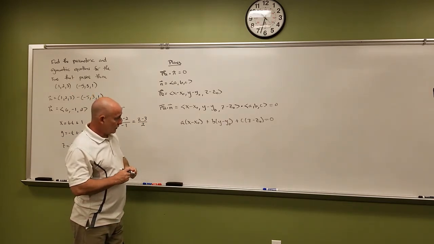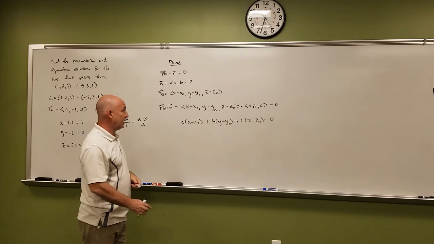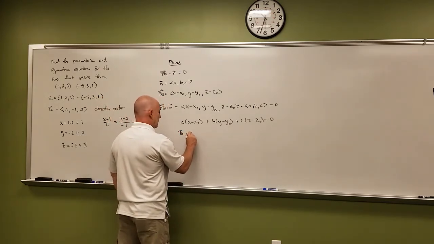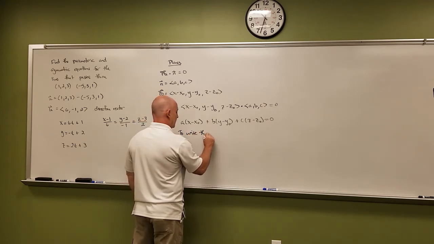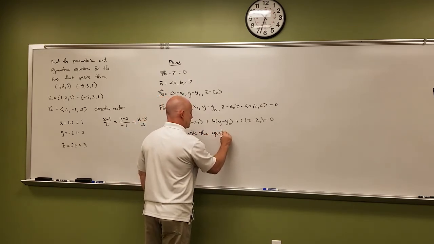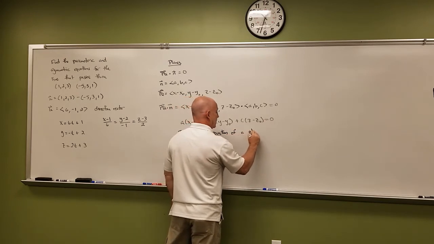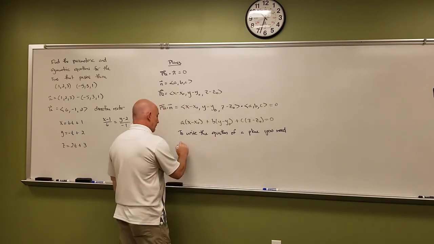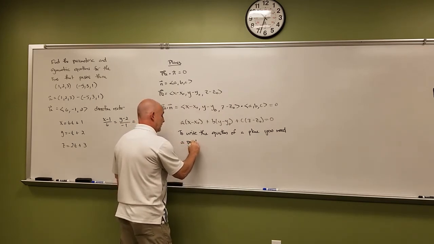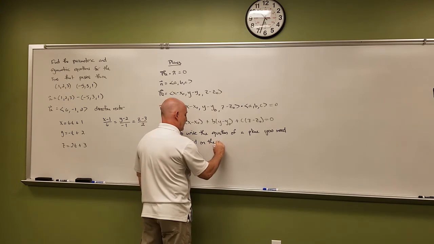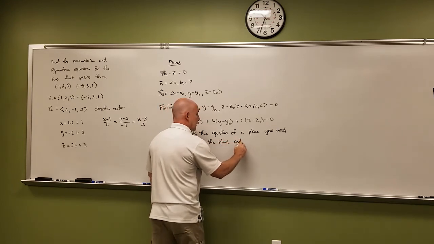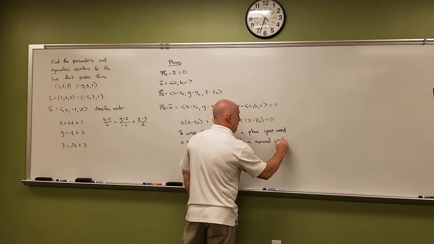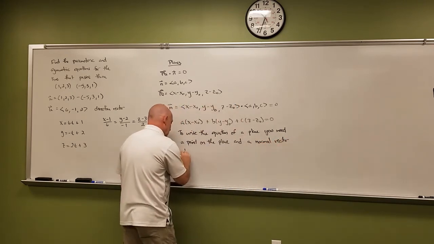But what would we need to write the equation of a plane? Well, what did we use to come up with this? To write the equation of a plane, we needed a point on the plane and a normal vector to the plane.